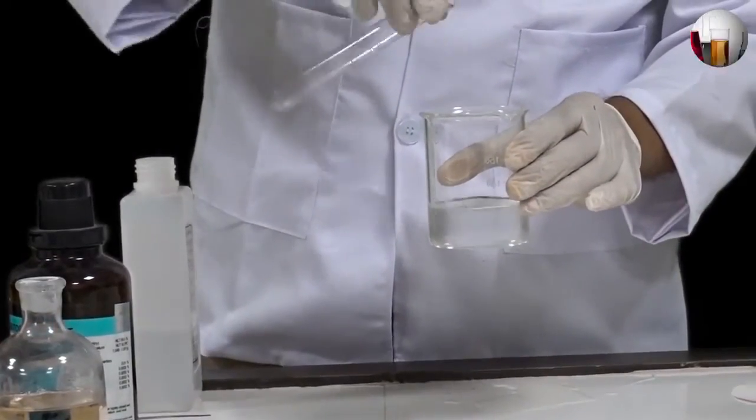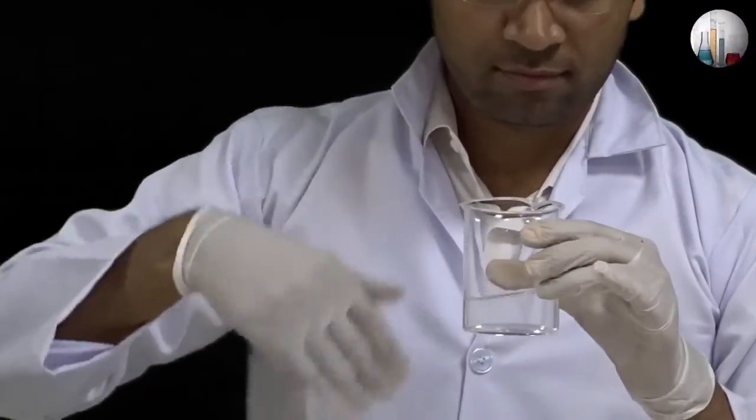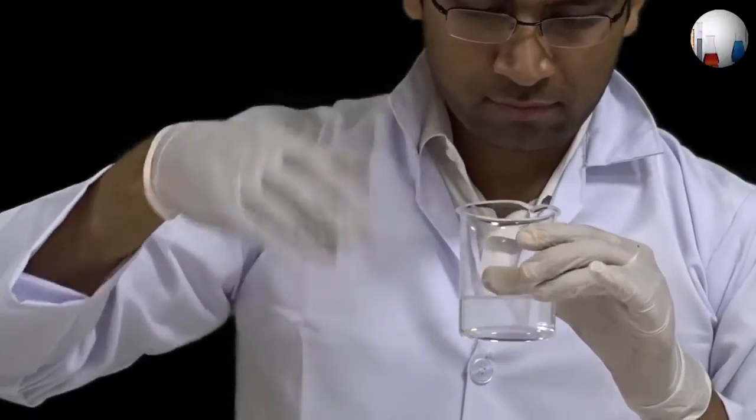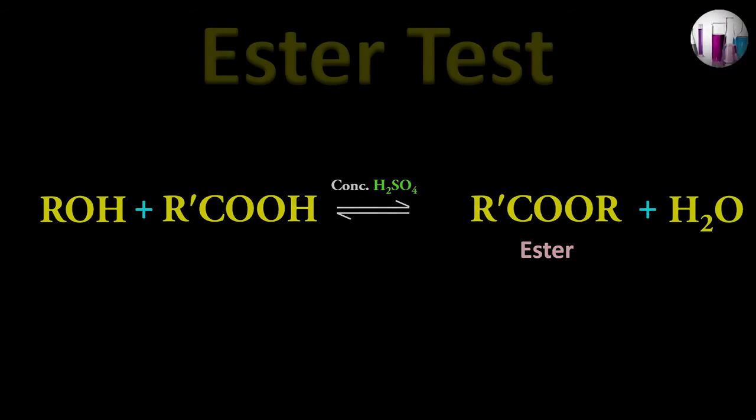Pour the mixture in about 20 milliliters of cold water and smell the mixture by wafting. Alcohols react with carboxylic acids in the presence of concentrated sulfuric acid to produce sweet smelling compounds called esters. That was the ester test.